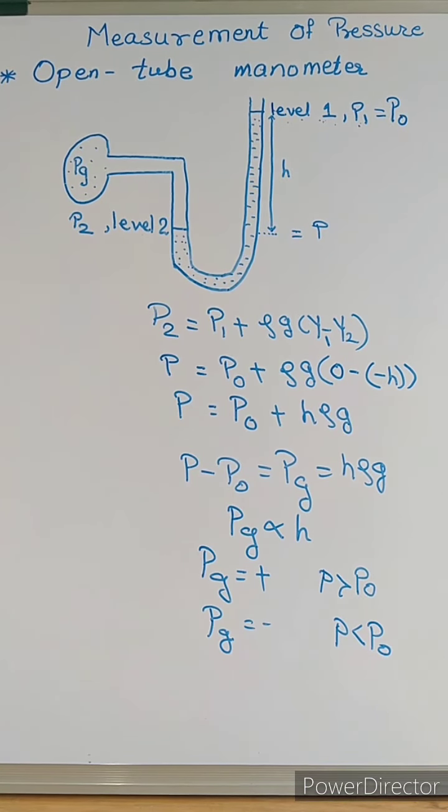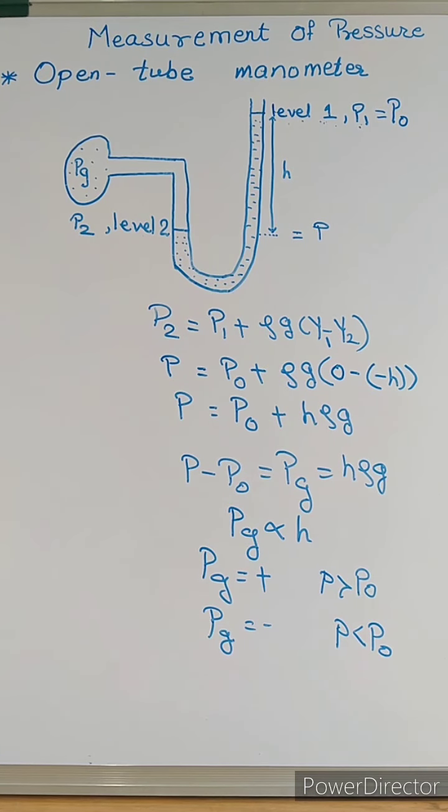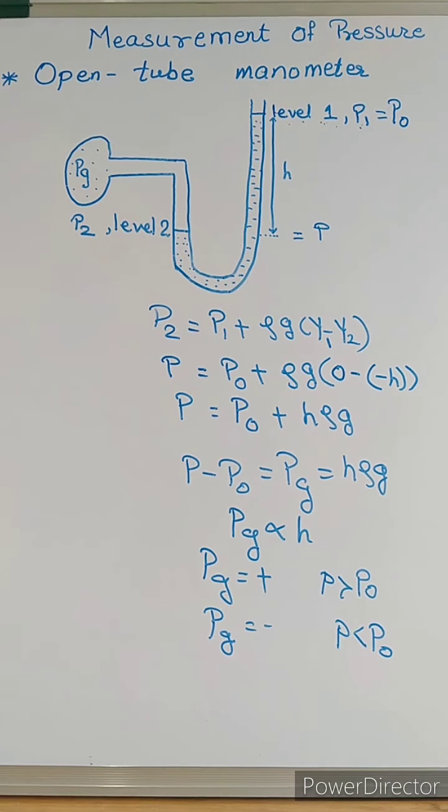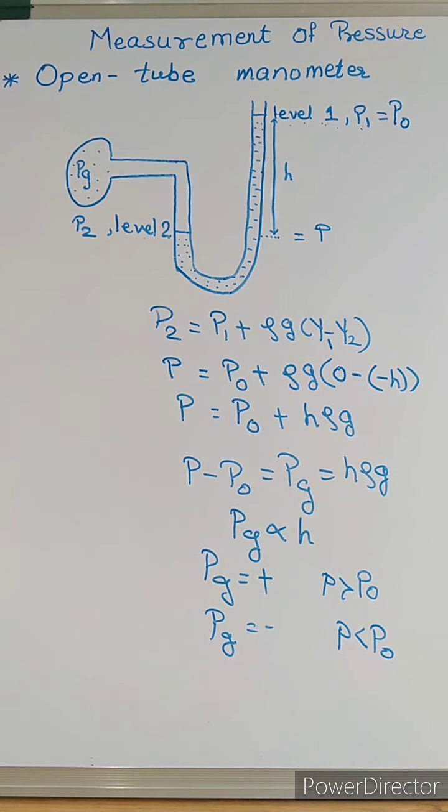Now we have to determine the gauge pressure. We know the general equation, P2 is equal to P1 plus rho g (y1 minus y2). Now P2 is P, and P1 is P naught. Level 1 is at 0, and y2 is at minus h.